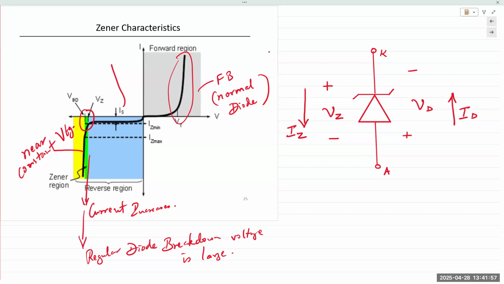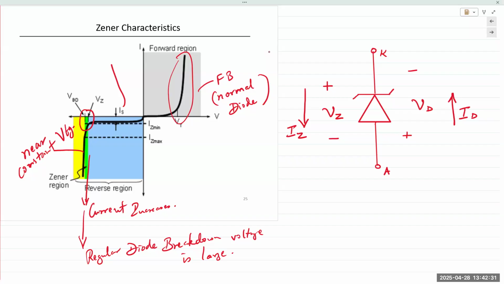Cathode will be positive, anode will be negative, and current is flowing from cathode to anode, which is true because in reverse bias, current is flowing in the opposite direction. Does that make sense to everyone? So our reference is opposite. It'll make a little bit more sense when we get to the next slide. Any questions so far? So far, so good?